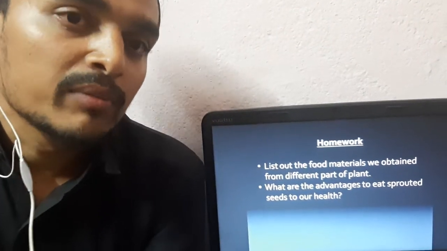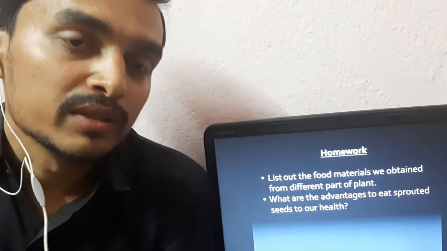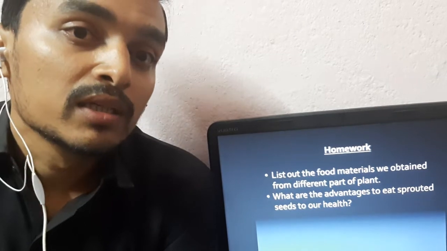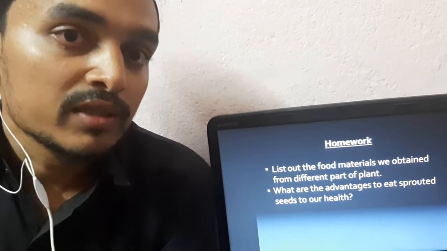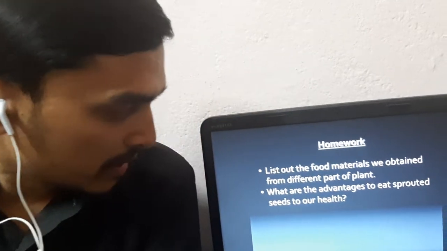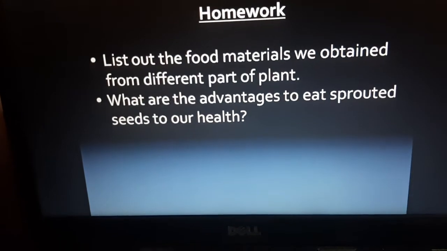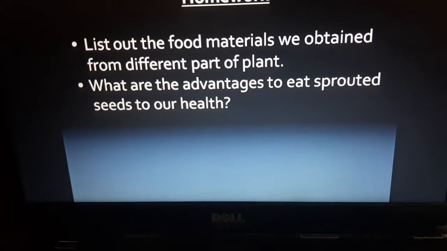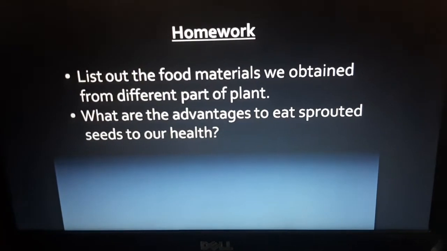The name of the plant is carrot, and the part of the plant we are eating is the root. So you have to make a list of this kind of plants. Next homework you have to do is: what are the advantages of eating sprouted seeds to our health?